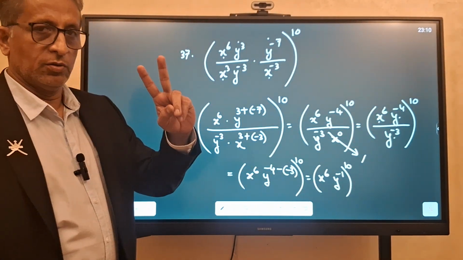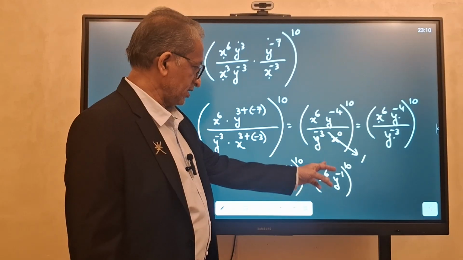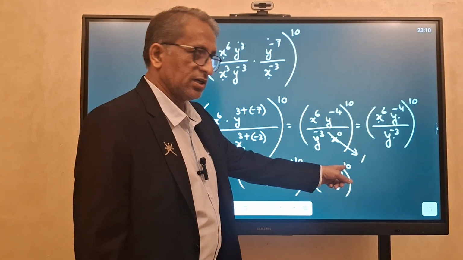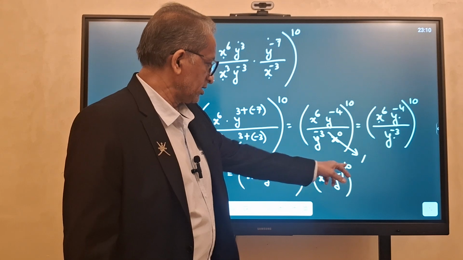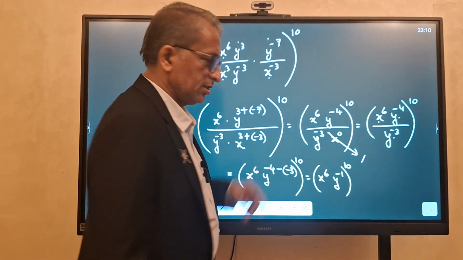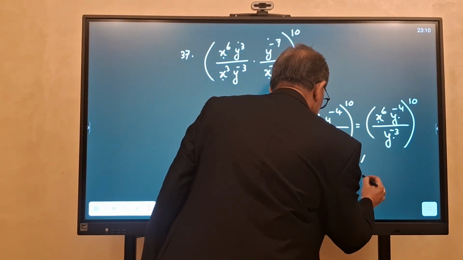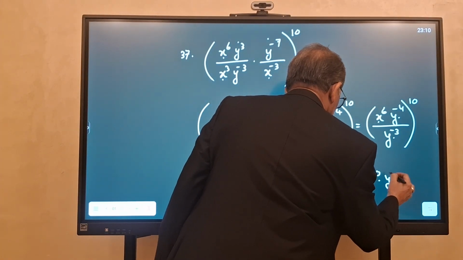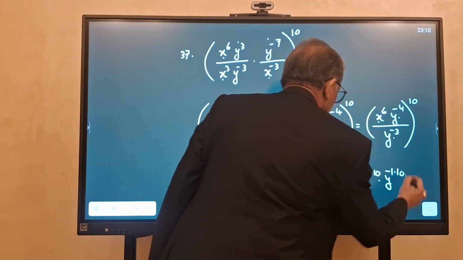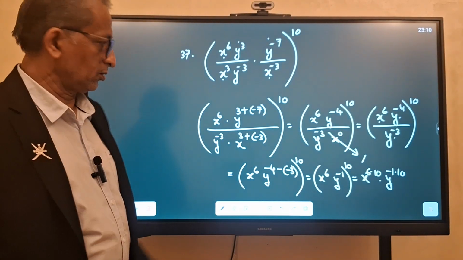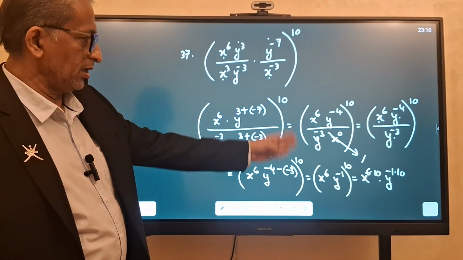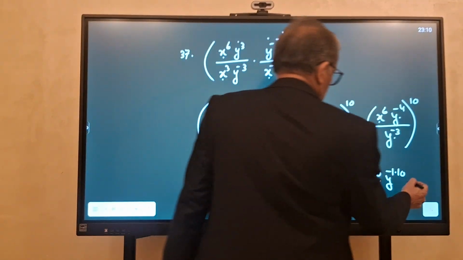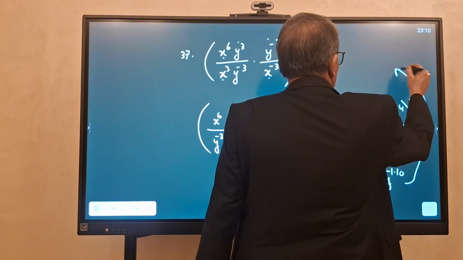Now we have two index numbers x6, y minus 1, and they are considered the base for 10. So I will take this 10 to this and the second one, that is x power 6 into 10, y power minus 1 into 10. So that means a b to the m is a m, b m.